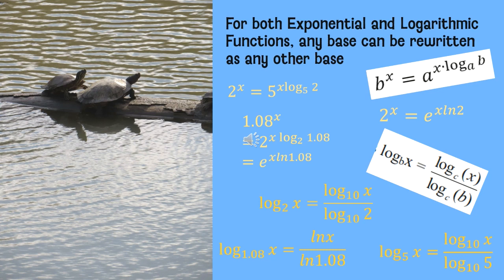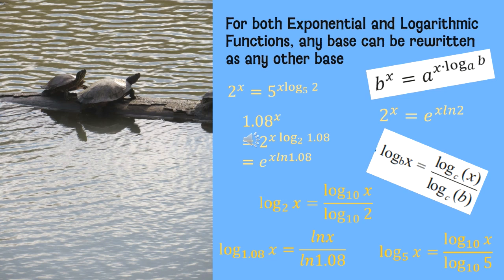It's being multiplied now by a coefficient natural log of 1.08. So again, natural log of 1.08 is some number. You could hit the ln button on your calculator and type in 1.08 and it'll give you the value. And so 1.08 to the x is equivalent to the function with e as the base, but the exponent now has a coefficient of natural log of 1.08.